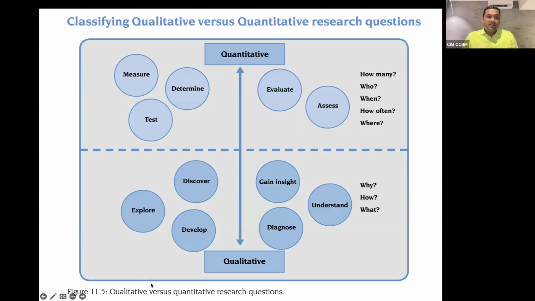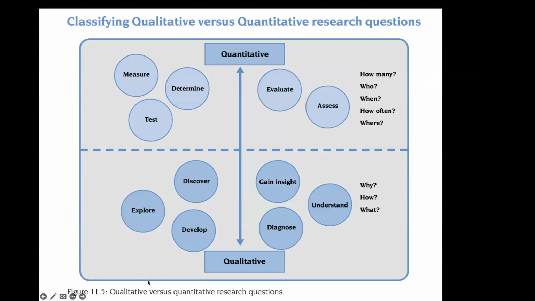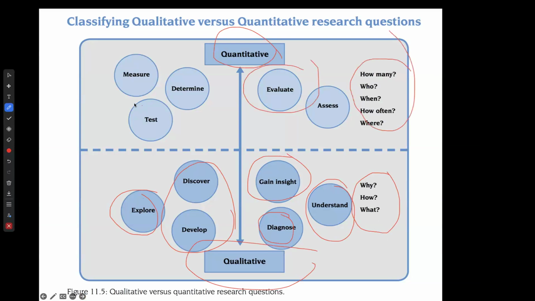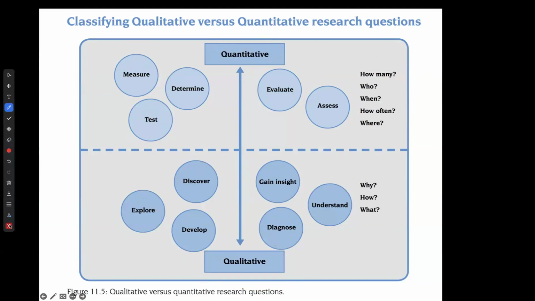So broadly, to distinguish between the two types, qualitative research is to explore, is to understand, is to diagnose, gain insights, discover, develop, and to ask questions like why, how, narrative answers, qualitative. Quantitative research, this is from my book, How Many, right? To evaluate, to test, to measure. So this is the difference between quantitative and qualitative research.